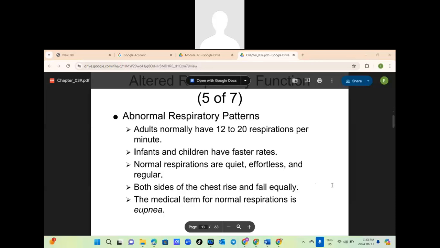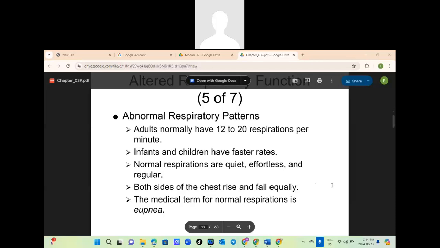So we know that adults normally have 12 to 20 respirations per minute. Infants and children have faster rates. Normal respirations are quiet, effortless, and regular. When you take the respiration of the person, you usually leave your hand on the radial pulse area and observe the rise and fall of the chest.